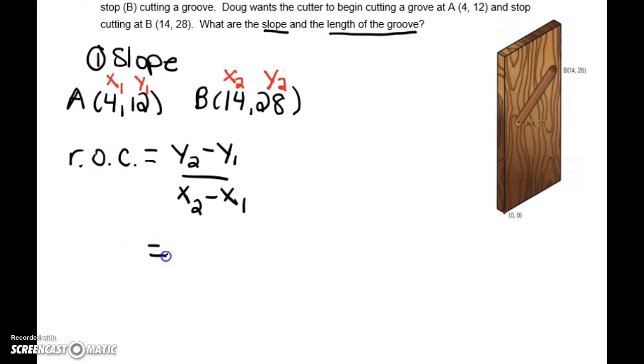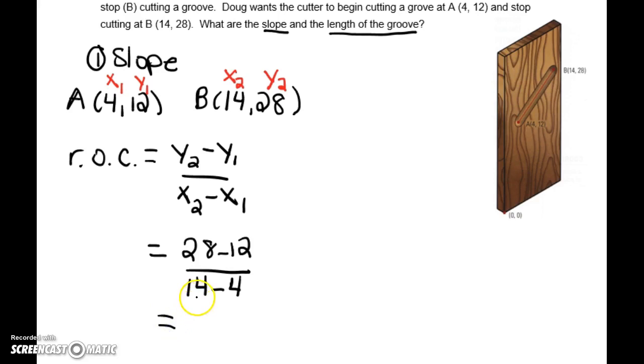So your rate of change is equal to y2, which we have labeled as 28, subtract y1, which is 12. That's divided by x2, which is 14, and subtract x1, which is 4.